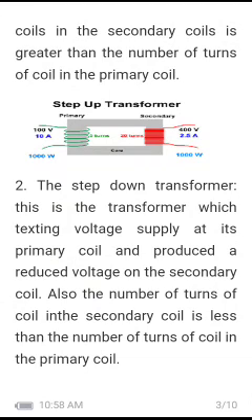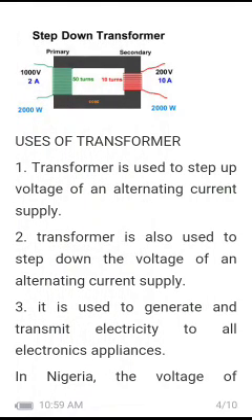This is the transformer which takes in a voltage supply at its primary coil and produces a reduced voltage on the secondary coil. Also, the number of turns of coil in the secondary coil is less than the number of turns of coil on the primary coil.